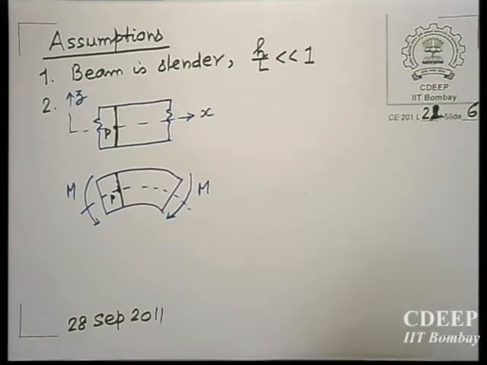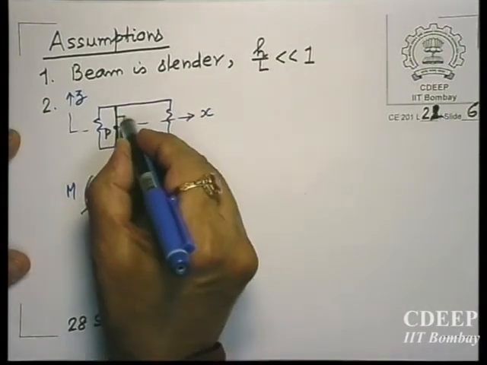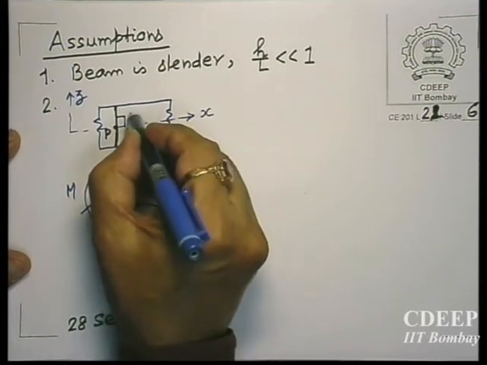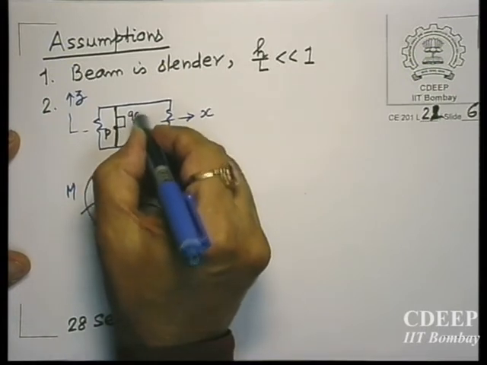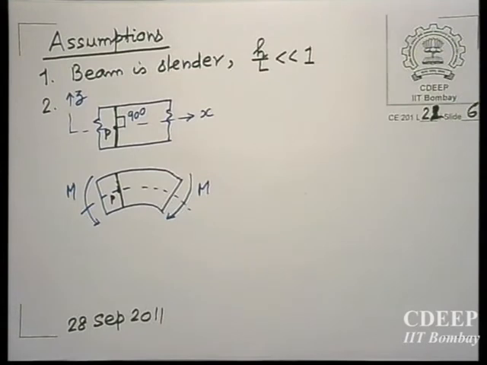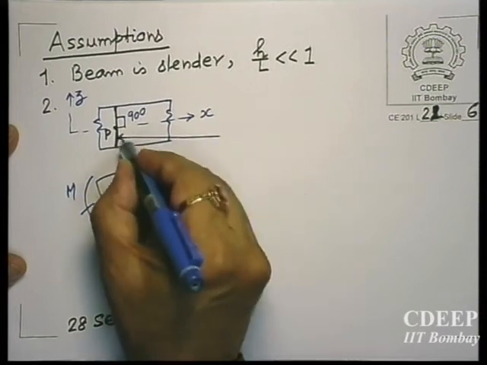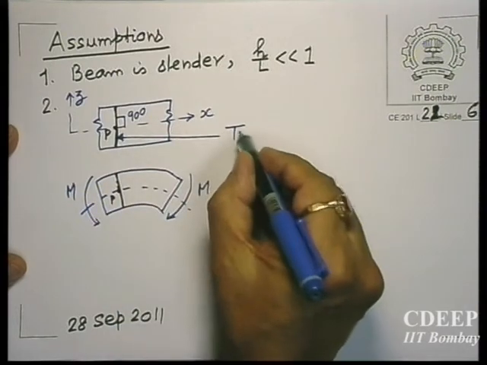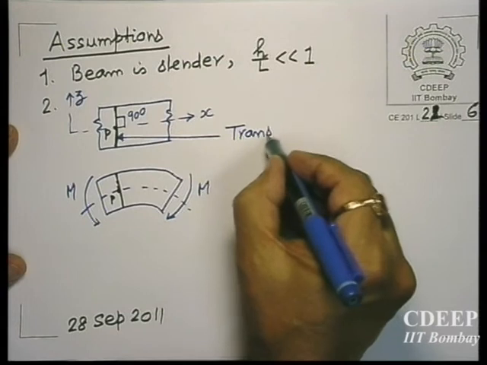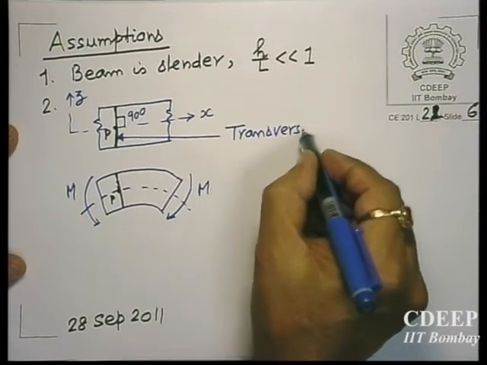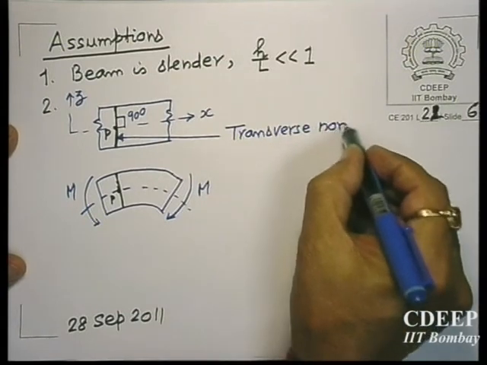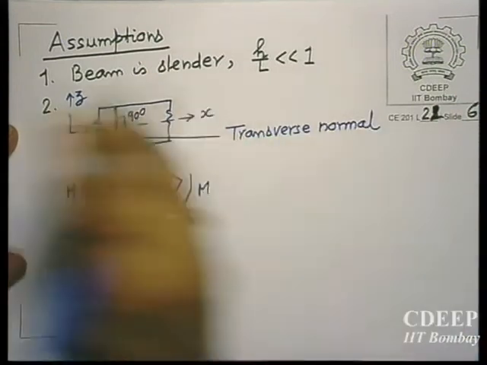Originally this angle is 90, between x and z axis the angle is 90. So this is a normal if you are taking a longitudinal section.